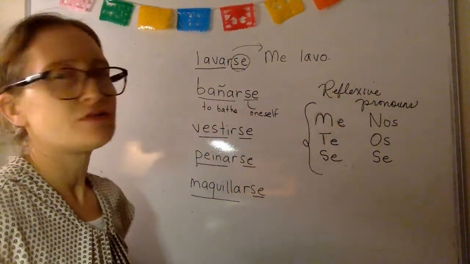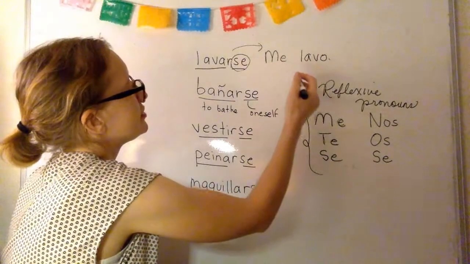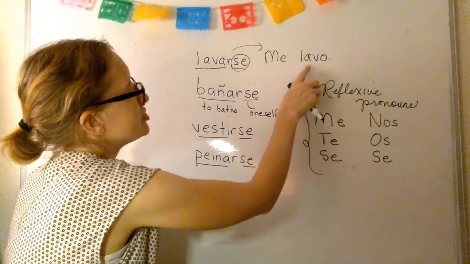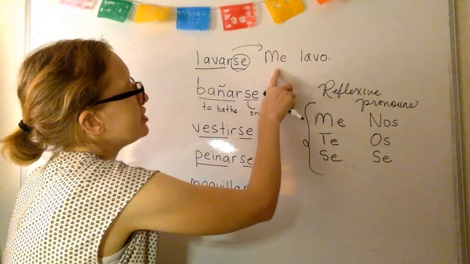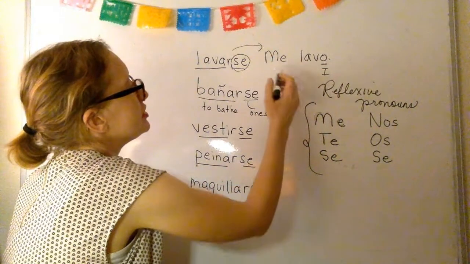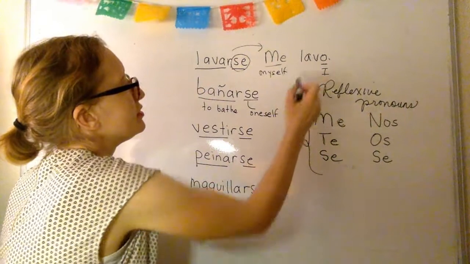I wash myself. If you wash the dishes, then notice how the action of the verb does not fall back on the subject. Here we have I wash, first person singular, myself. First person singular, it's the same.